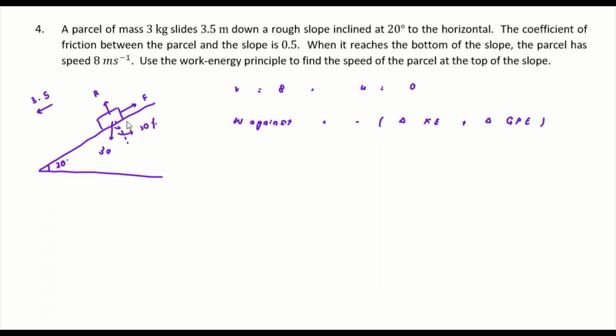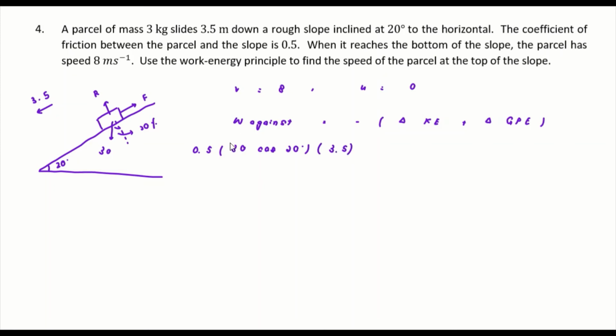So we have the work done against. When you use this equation, the weight is not included. The force here is the friction, so mu R. In this case, mu is 0.5. For R, I hope that by now you can straight away see it: 30 cos 20. The distance traveled is 3.5.